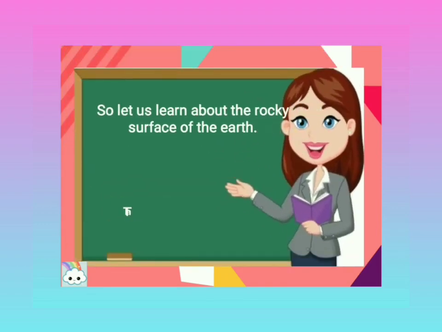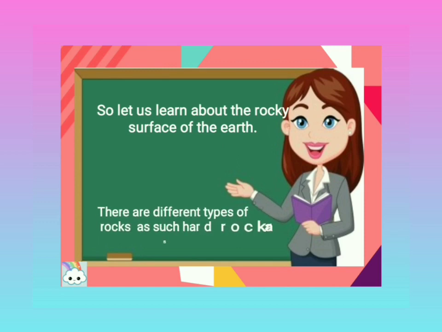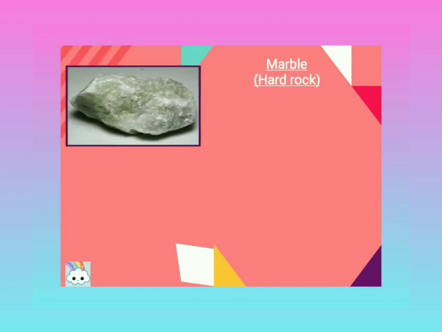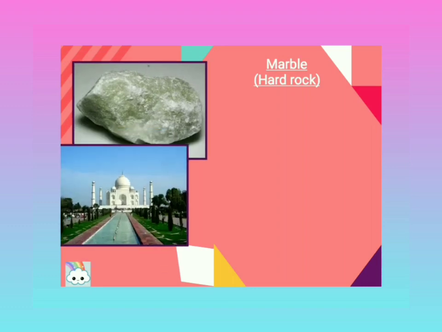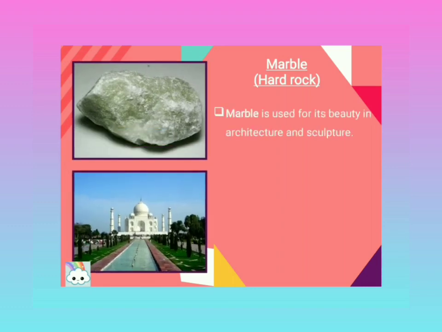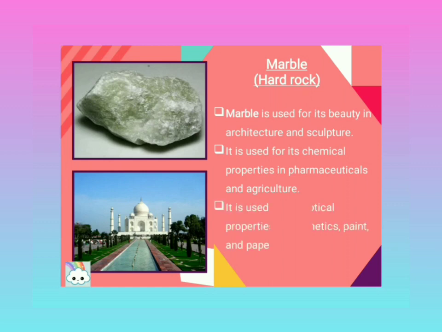There are different types of rocks. Some are very hard like marble, which is used for making cosmetic items, paints and papers. The Taj Mahal, which was constructed by the Mughals, is also made up of marble rock.